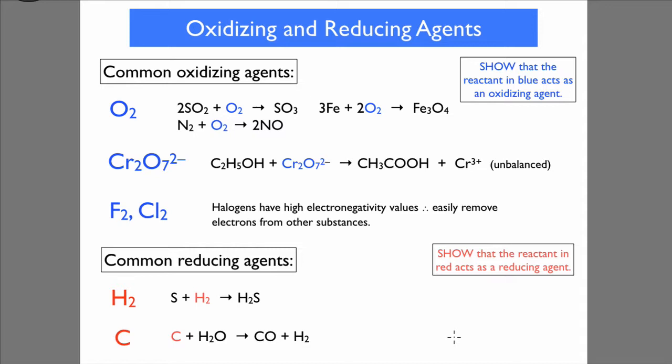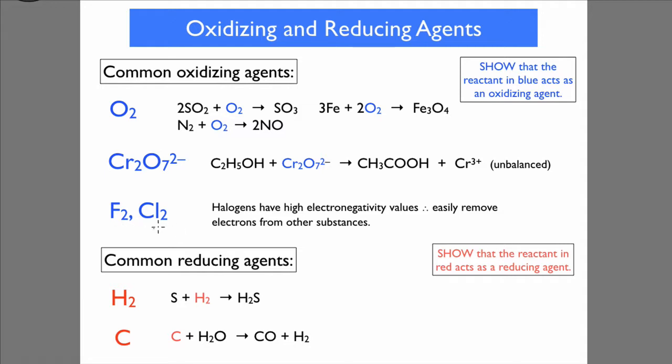So, some common oxidizing agents. We're going to show that the reactant in blue acts as an oxidizing agent. Okay, for sulfur dioxide, there's oxidation of iron and the reaction between nitrogen and oxygen. Then we will look at an ethanol to carboxylic acid.